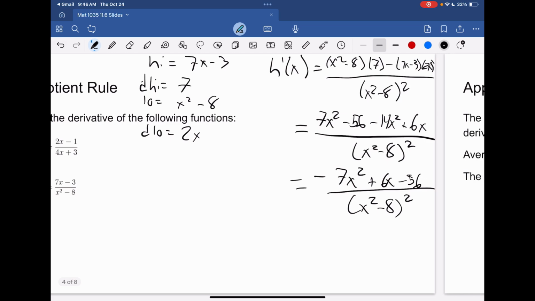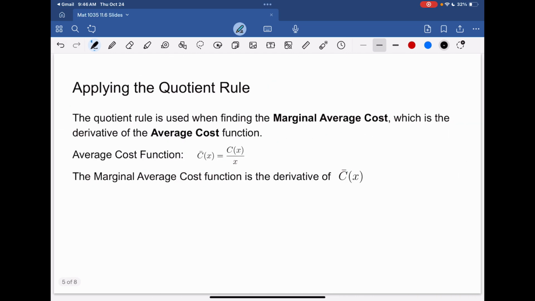All right, so the quotient rule is fun because it does have a purpose, okay? The quotient rule is used when we want to find the marginal average cost, okay? The marginal average cost is the derivative of the average cost, okay? So the marginal average cost, marginal is just slope. It just means the difference in producing one more item.